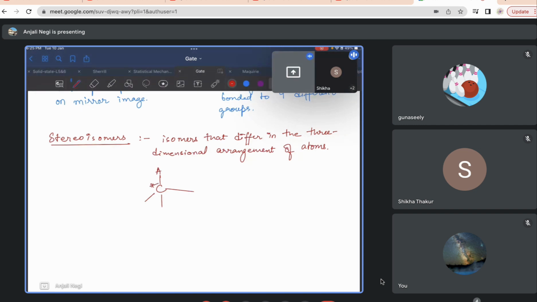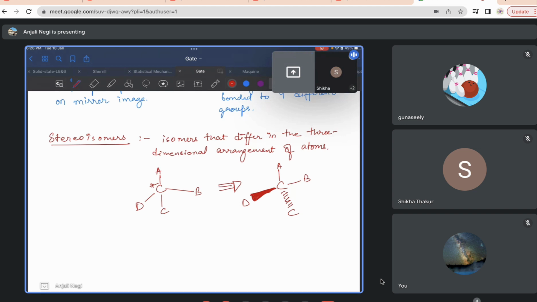So let's say it has groups A, B, C and D. Now, this is a very lame representation of my tetrahedral molecule, but instead of this, I can give it a 3D representation where my A and B are on the same plane, and D is above the plane and C is below the plane.